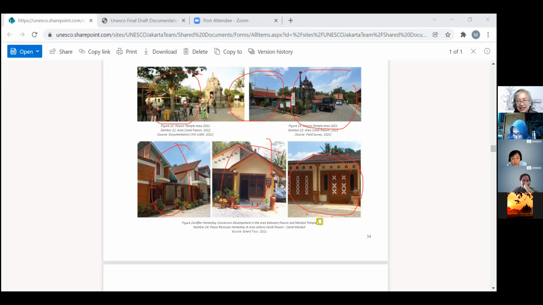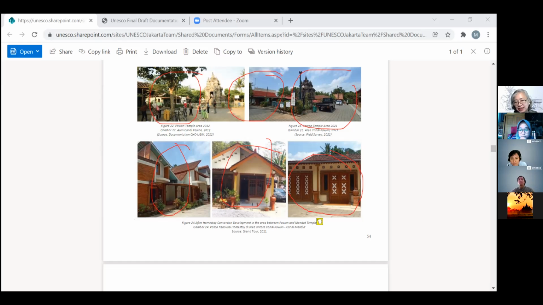I think this one is from another Directorate General. It's not from Cipta Karya, but the inspiration comes from the housing section, the Directorate General of Housing, because the idea is to support homestays.